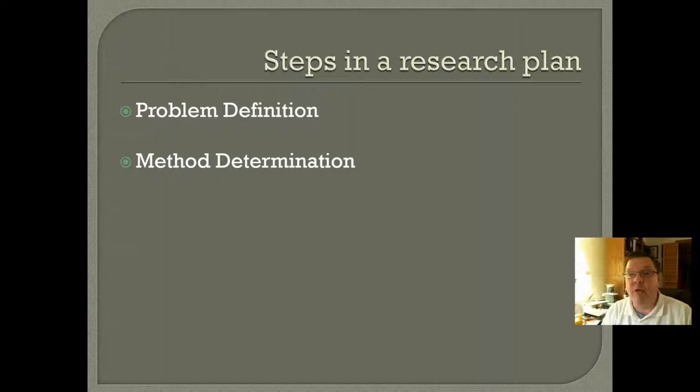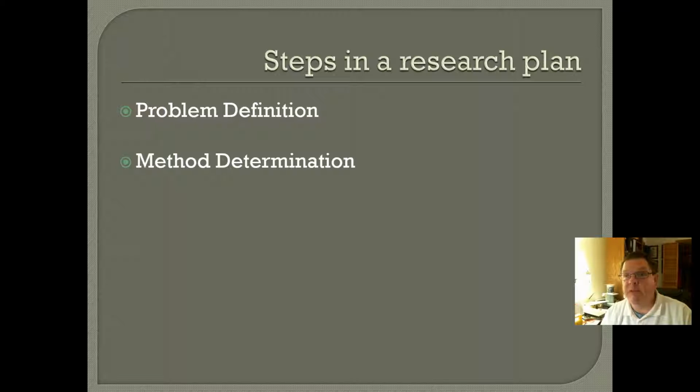How are we going to study this problem? What method are we going to use? Are we going to use surveys? Are we going to do just secondary research? Are we going to do qualitative research, focus groups, or in-depth interviews? Are we going to use all of those? Lots of times we do all of them, but again, the ambiguity goes down, but the cost and time go up.